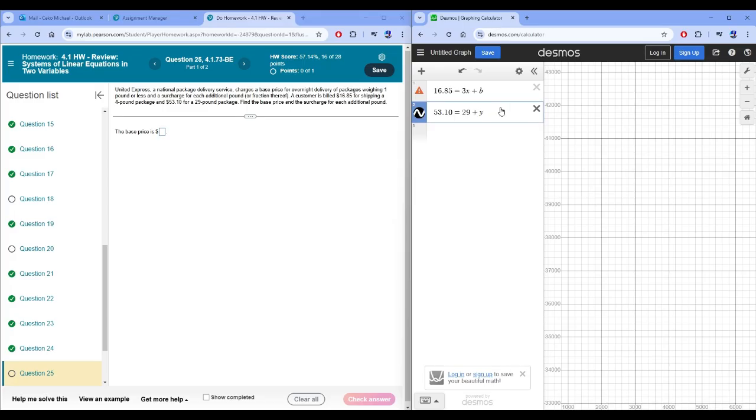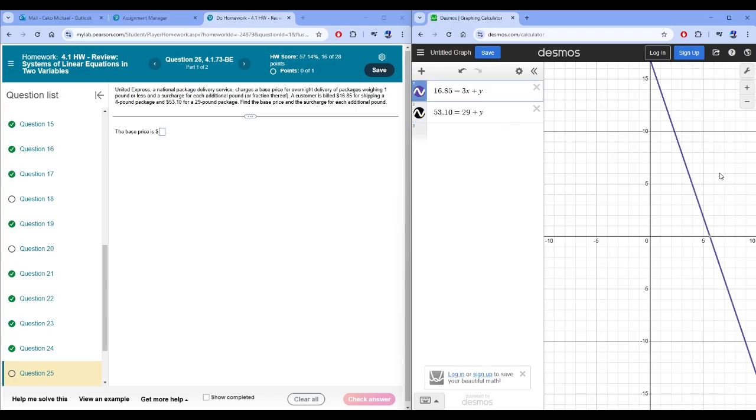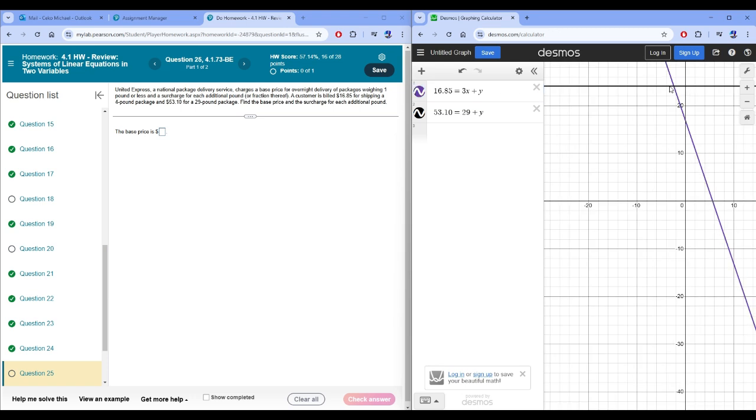If I change that for y, the base price, I forgot the x. All right, so let's say the base price is $12.67.